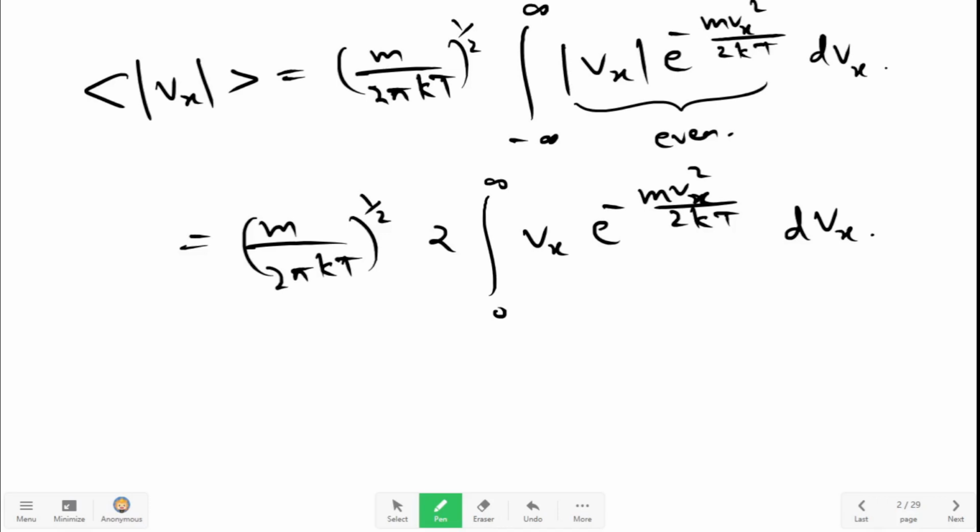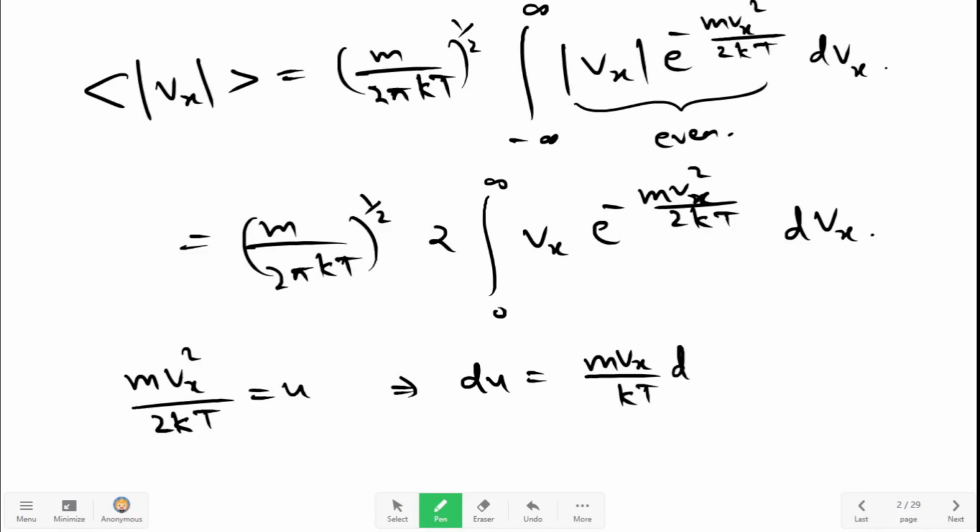Sometimes you forget these formulas. Let's do one thing. You substitute m Vx square upon 2kT is equal to u, then du is equal to m Vx upon kT dVx. This implies dVx is equal to kT upon m Vx into du.